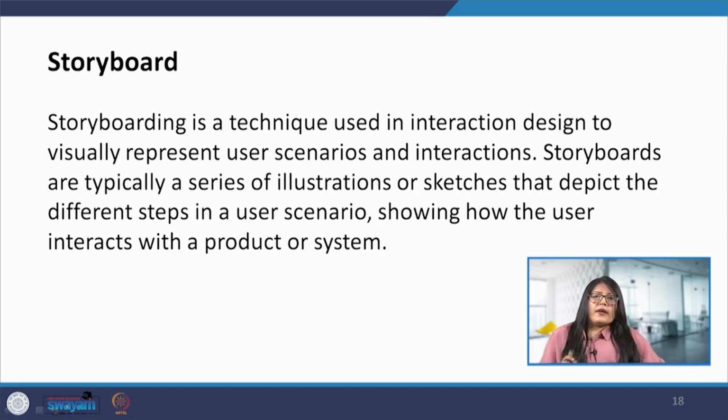Now, next technique is storyboard. So, storyboarding is a technique used in interaction design to visually represent user scenarios and interactions. So, storyboards are typically a series of illustrations or sketches that depict the different steps in a user scenario, showing how the user interacts with a product or system.